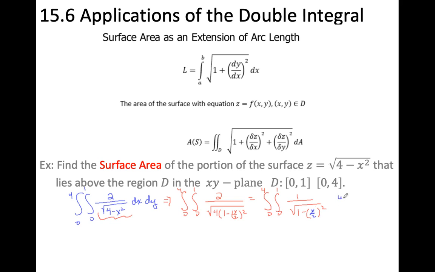Yep, that's going to be inverse sine, with a u substitution. So I'm going to end up with this 2 on the outside, the 0 and 4 still, and then I'm going to have inverse sine of who?